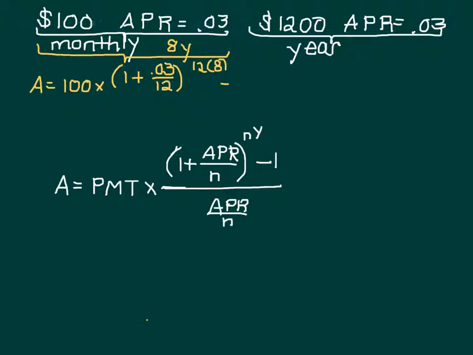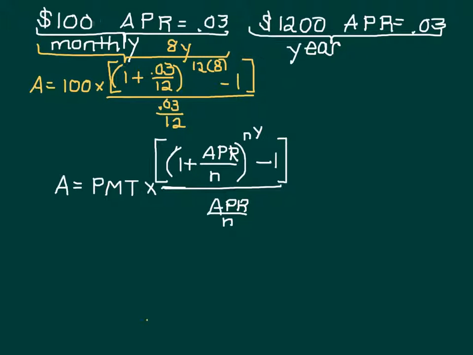And from this we subtract 1. And let's put a brace around this because this is the entire numerator. And we divide this by another fraction, which is the interest rate divided by n, which is 12. So this is how much money Yolanda will have. And I should put a bracket around this.